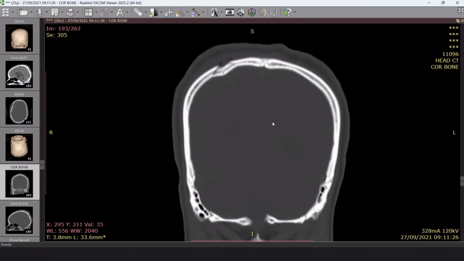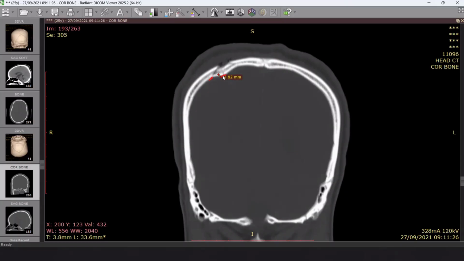Very nice. But I will measure the distance between the inner table here and the inner table here. I think it is more likely something like 2 millimeters. I think it is not so significant. Okay, well done.